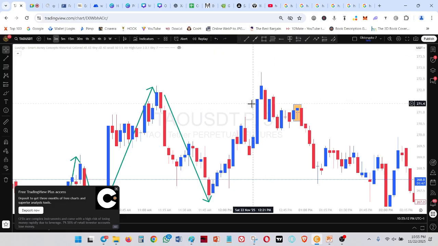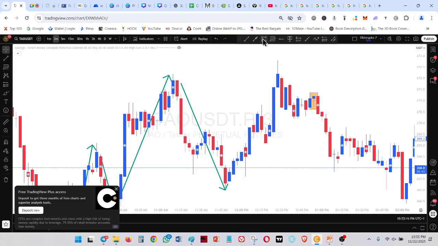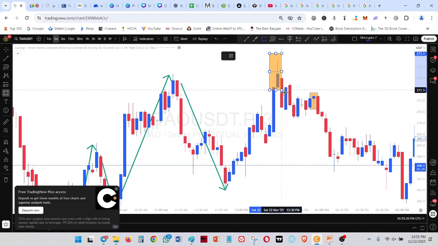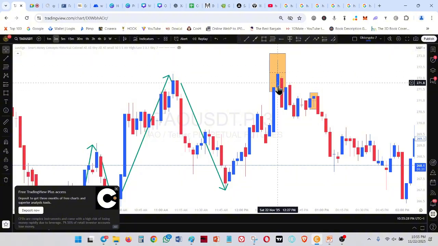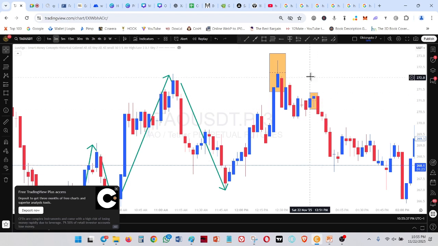This is an inverted hammer, a hammer that is upside down. But the reason why I would not like to respect this one so much is because the head of the hammer and the body of the hammer are almost the same length. I don't like it, so I'm not going to really respect it.